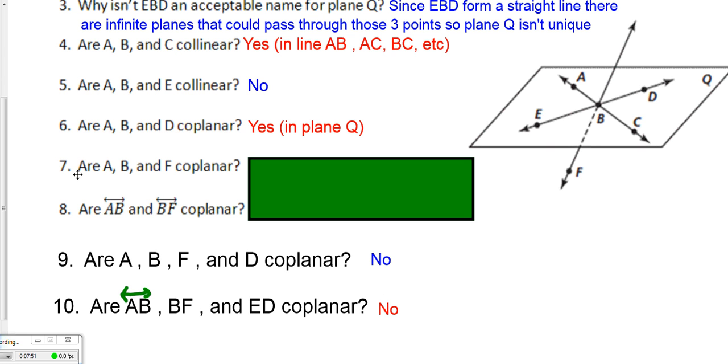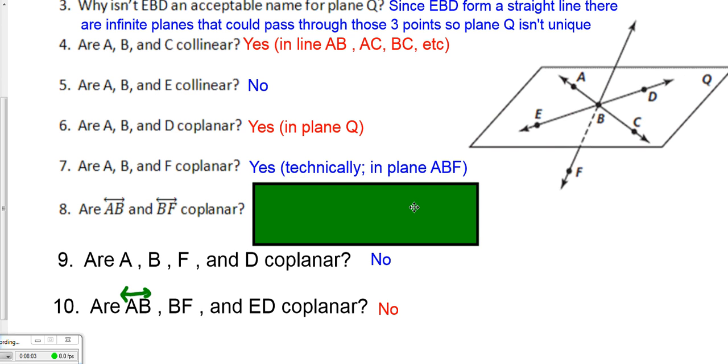Let's go back to number 7 then. Are A, B, and F coplanar? In this drawing, they don't necessarily look coplanar. They don't look like they're in the same plane Q. But technically, yes, they are technically in a plane called ABF.